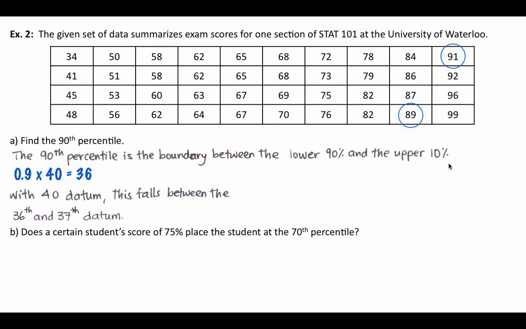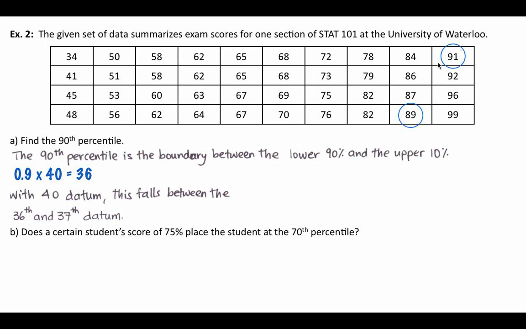So the 90th percentile is the boundary between the lower 90% and the upper 10%. Here, with our 40 scores, this line right here represents the boundary, because these are the lower 90% and these 4 scores are the upper 10%. So now we need to represent the boundary as basically the average between these two numbers.